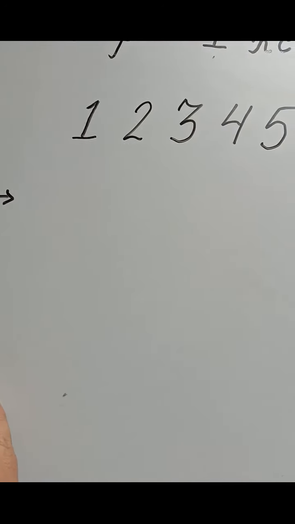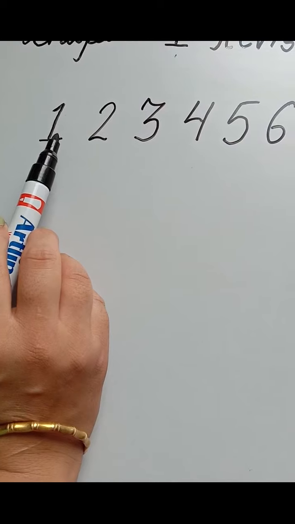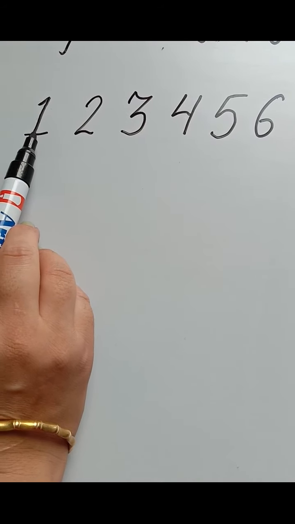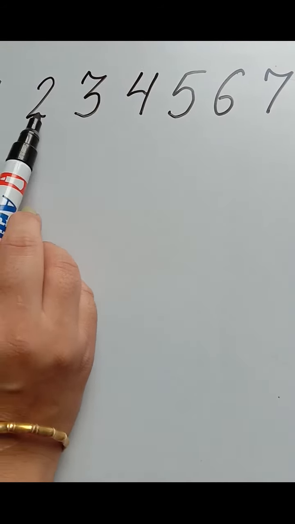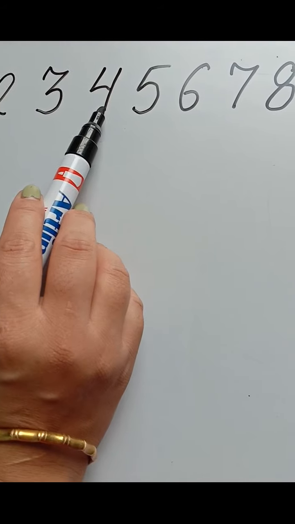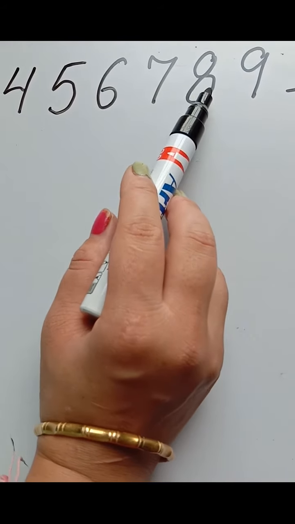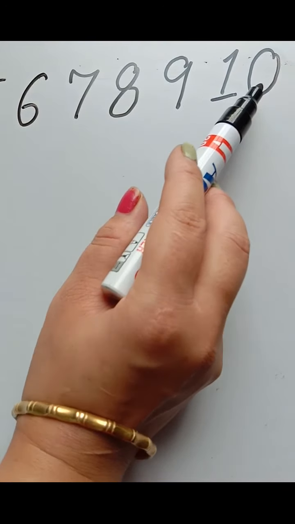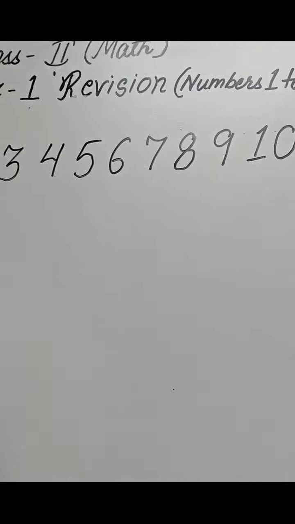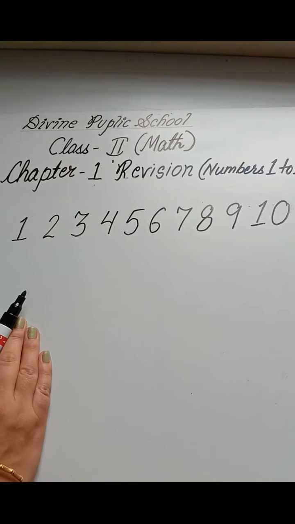So look here, here is the series of numbers from 1 to 10: 1, 2, 3, 4, 5, 6, 7, 8, 9, 10. Let us know what is before.